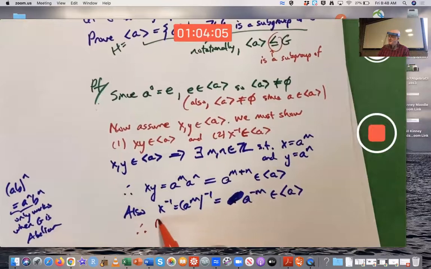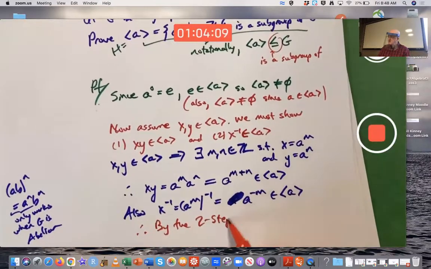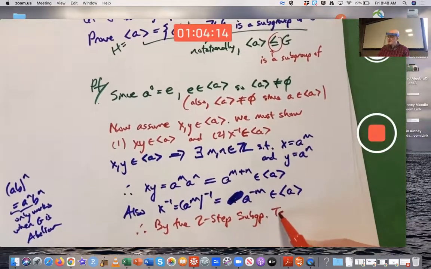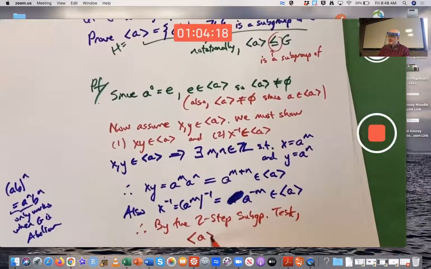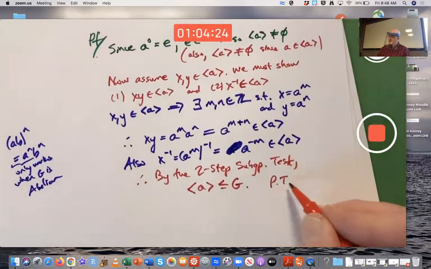Therefore, by the two-step subgroup test, this set is a subgroup of G, which you can write like this.